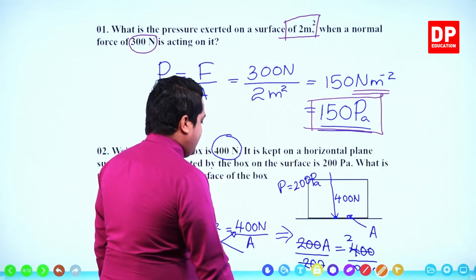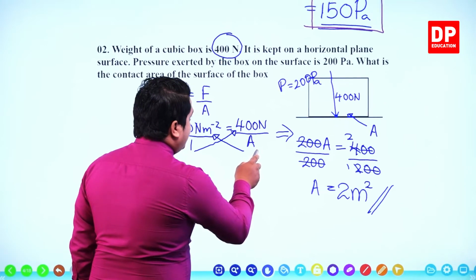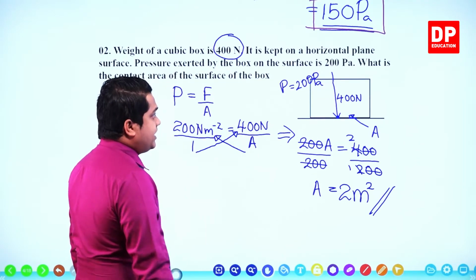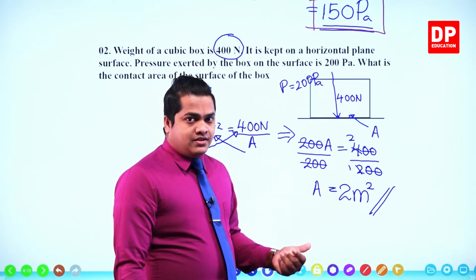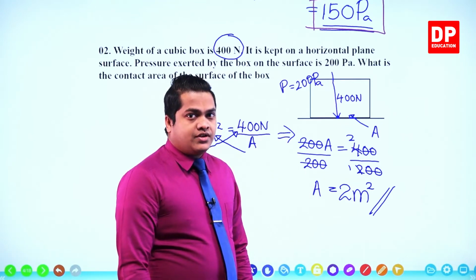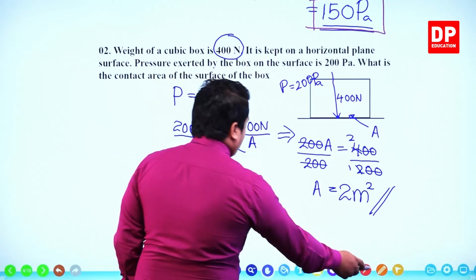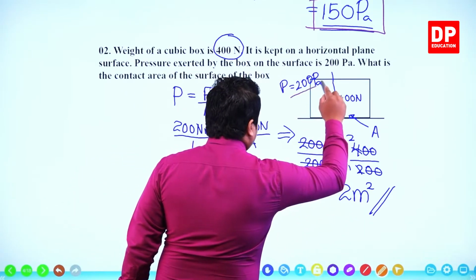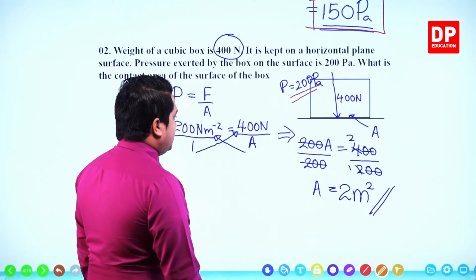In the same way, when you use the international standard units for the substitutions like this, you will get the international standard unit for the unknown term as well. So here you substitute pascals, which is the international standard unit of measuring pressure.